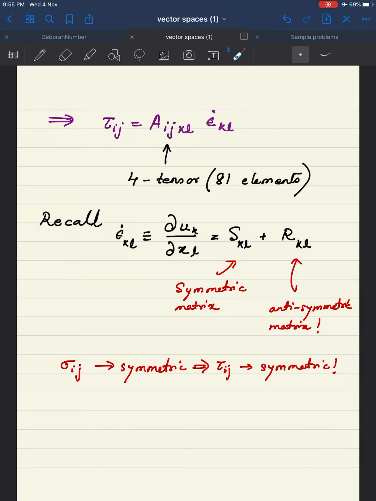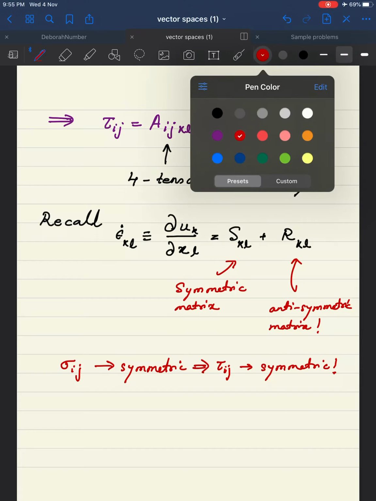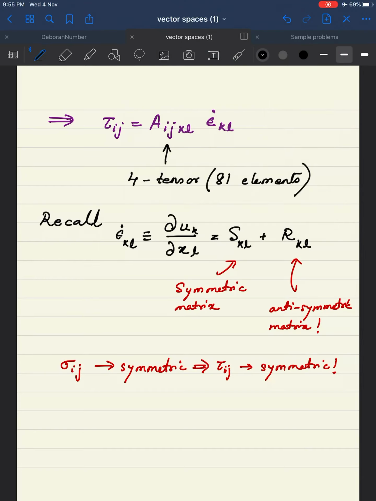Now, since tau ij is symmetric, the components of this aijkl tensor, multiplied by the deformation rate of the antisymmetric portion, should be such that that becomes 0. Only then will you have a situation where they are linearly related.